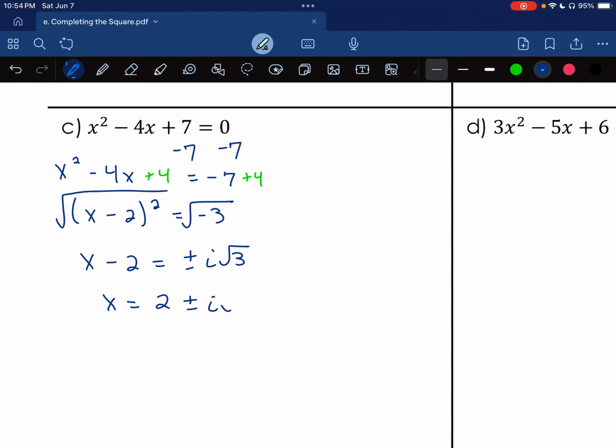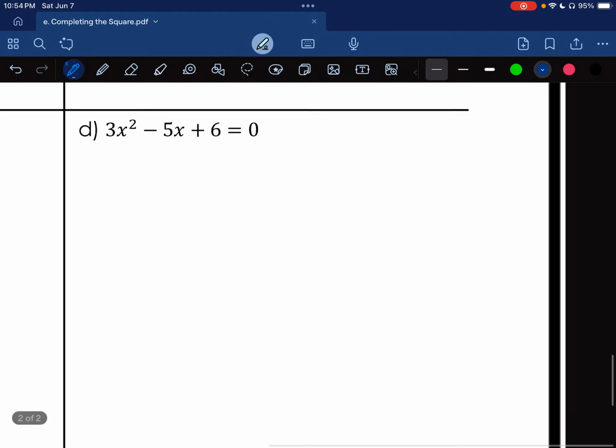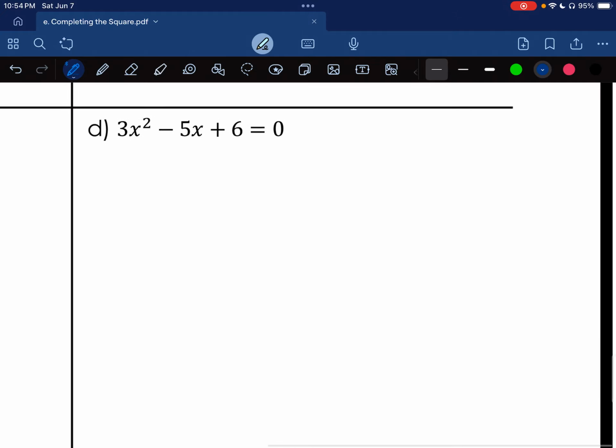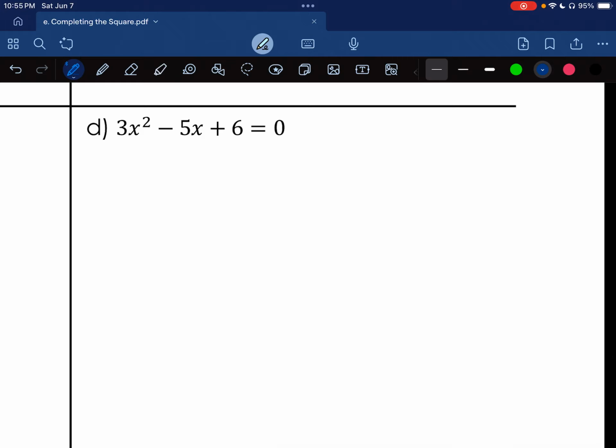All right, this last one, I'm going to show you a bit of a gnarly case, right? It gets kind of ugly, but it's going to teach us some good lessons about when we might want to ideally use completing the square and when we might not. So let's go ahead and subtract 6 from both sides.